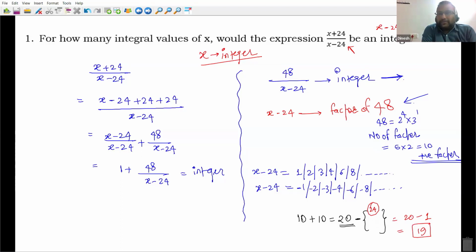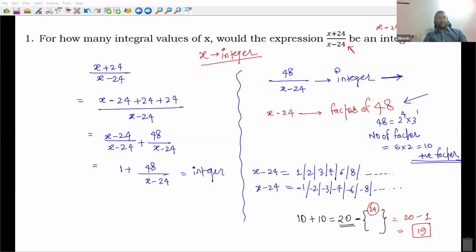Our answer is 19. Denominator cannot be equal to 0. X cannot be equal to 24. That is one of the values counted in this 20. We need to exclude that. So the answer is 19.